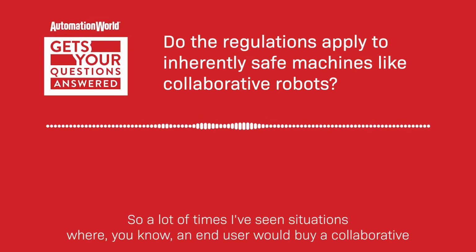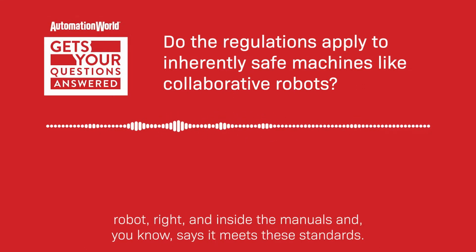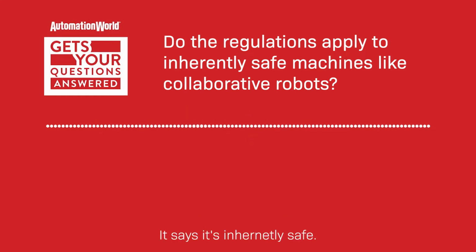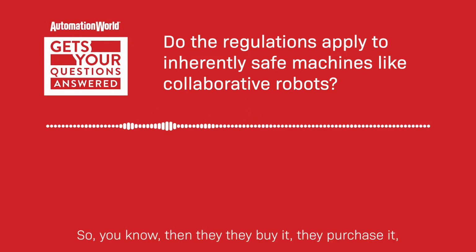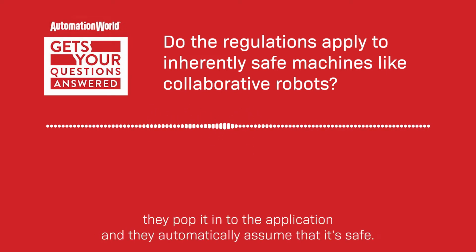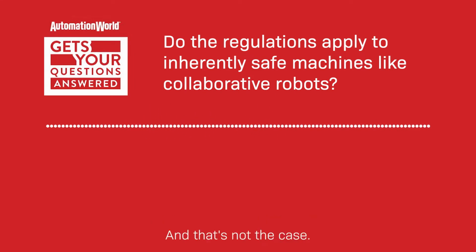A lot of times I've seen situations where an end user would buy a collaborative robot, and inside the manuals, it says it meets these standards. It says it's inherently safe. So they purchase it, they plop it into the application, and they automatically assume that it's safe, right? And that's not the case.